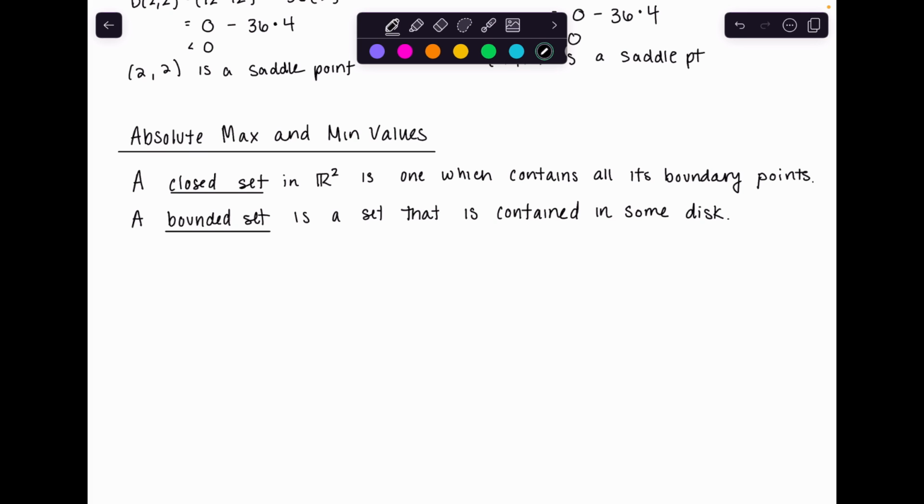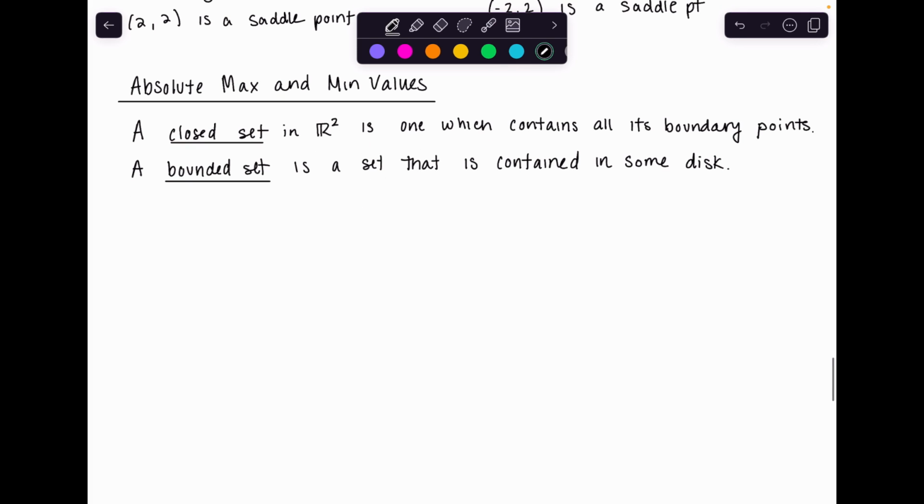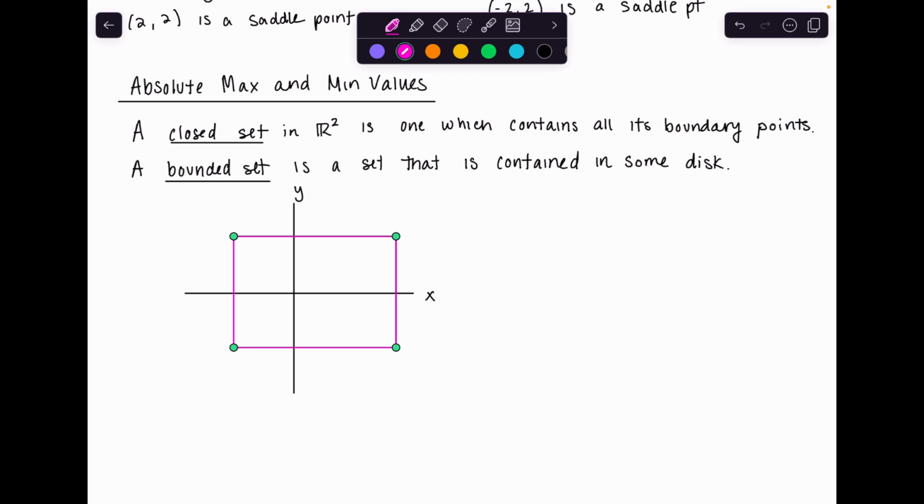Okay. So just to give you some examples, if I have a rectangle, something like this, and I'm going to actually make it a little bit smaller. Maybe it's right here.